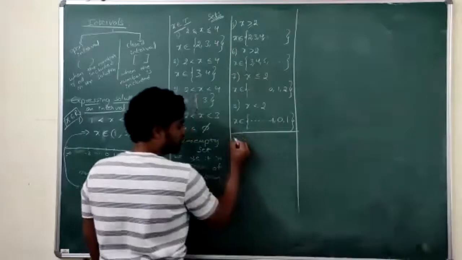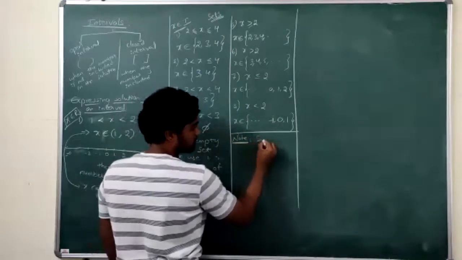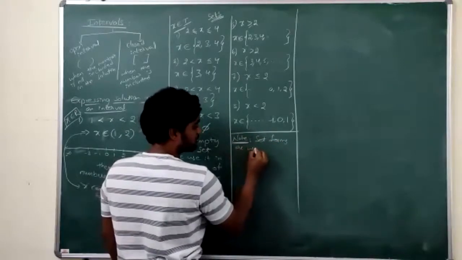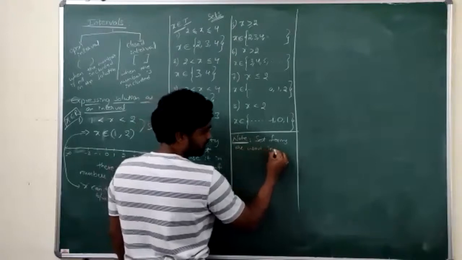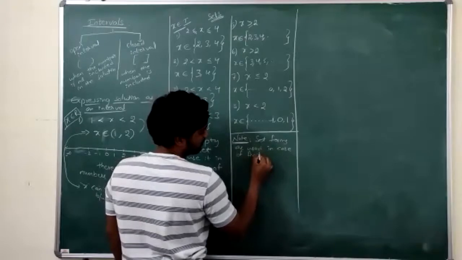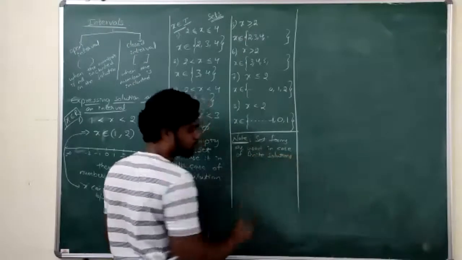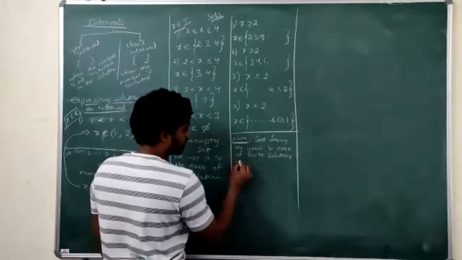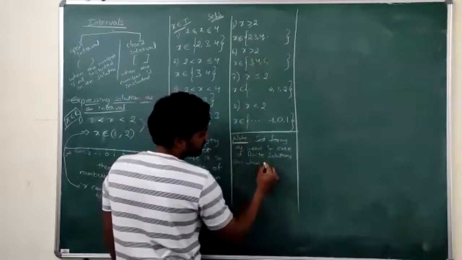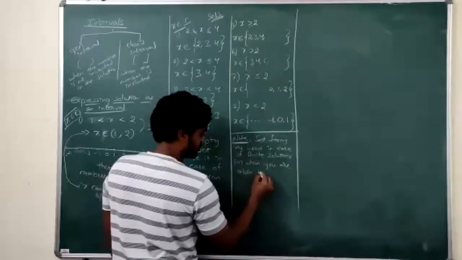So set forms are used in case of finite number of solutions, or when you are able to write the numbers.